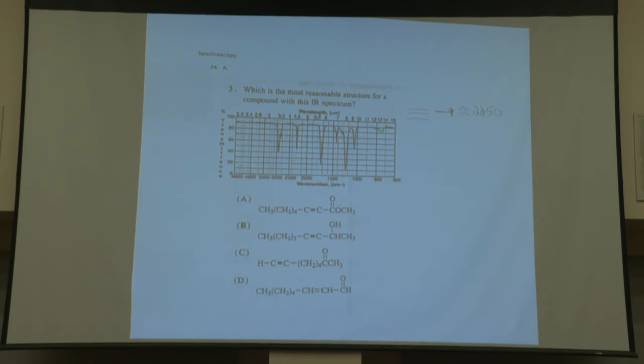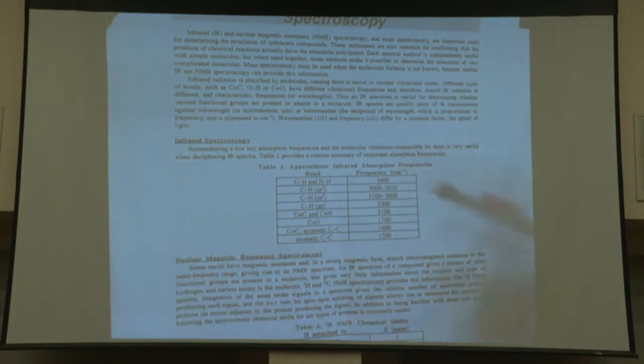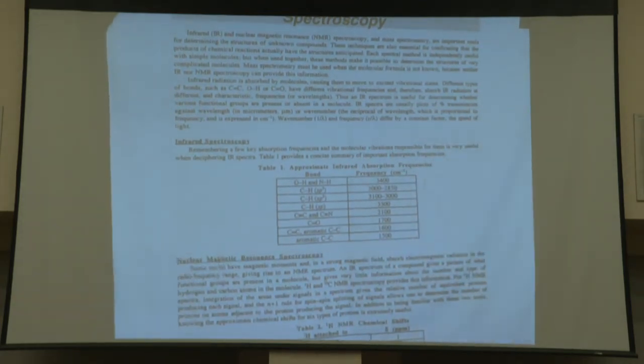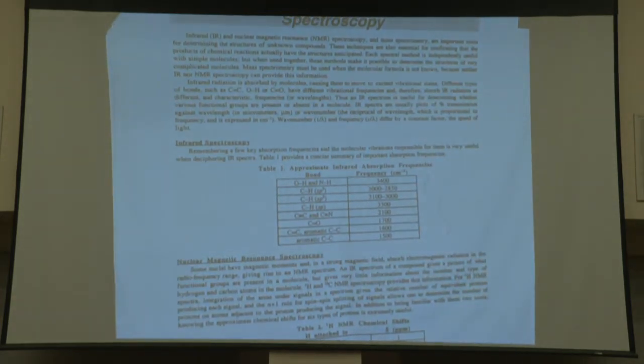Actually, I think I did bring it with me. I could show you really quick. The first page in spectroscopy has a nice little list of numbers right here that you would need on the ACS. So instead of Googling IR spectroscopy numbers and looking at a chart of 500 of them, look at your spectroscopy page on your ACS or take a picture of this.